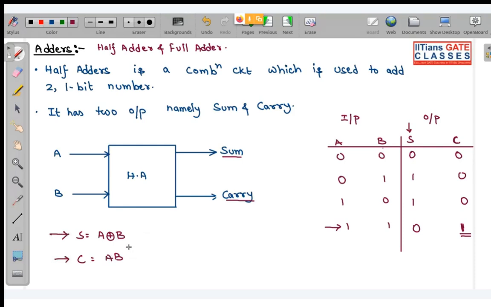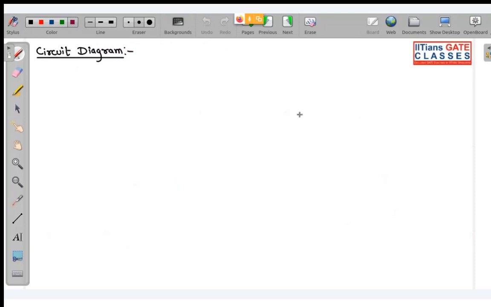Okay, fine. So now look very carefully. We have your sum and carry. So now let us try to make the circuit diagram. So what did we get? Sum is equal to A XOR B and carry is equal to A dot B. Okay.